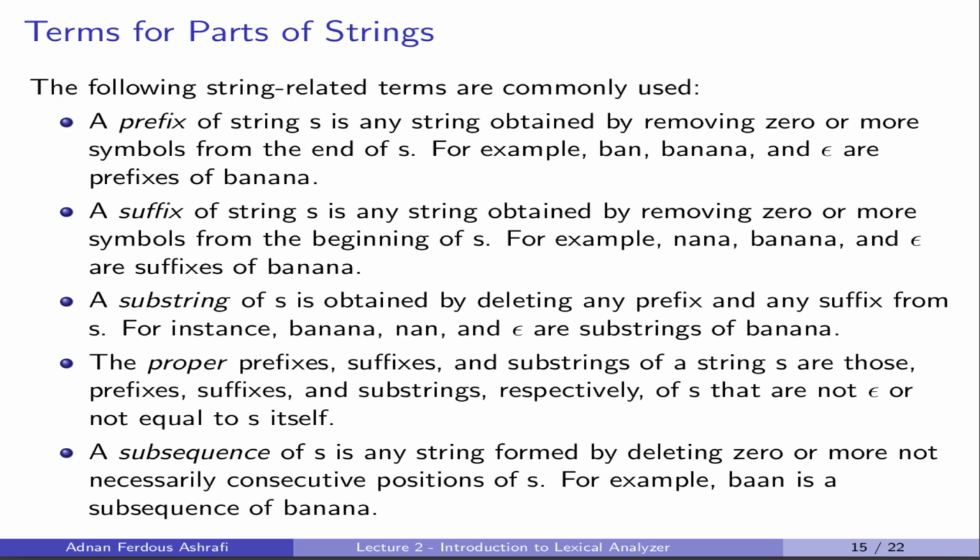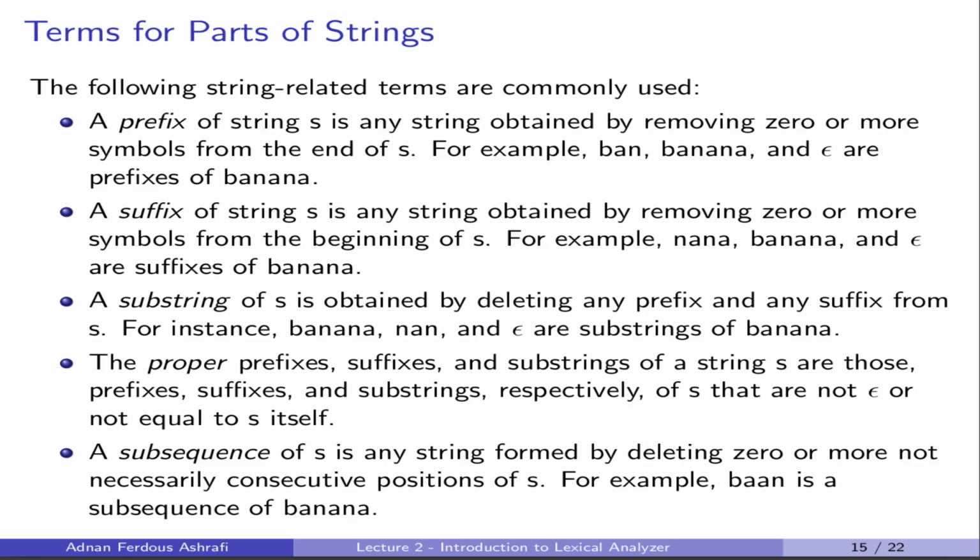Fourth, the proper prefixes, suffixes and substrings of a string s are those prefixes, suffixes and substrings respectively of s that are not epsilon and are not equal to s itself.